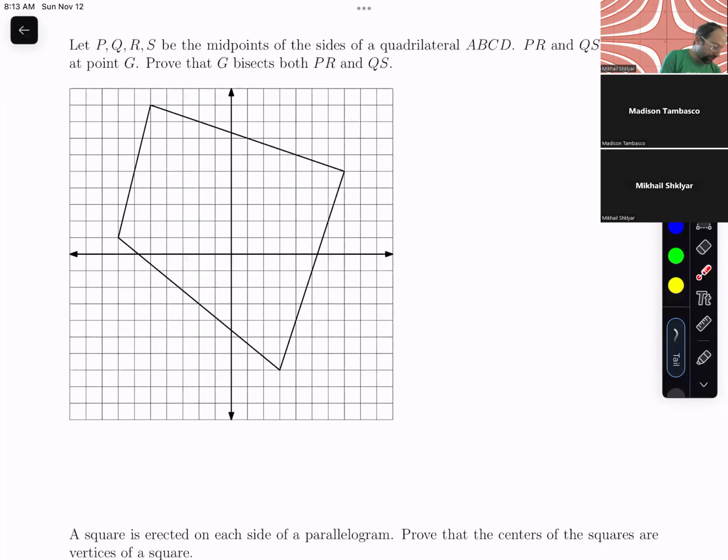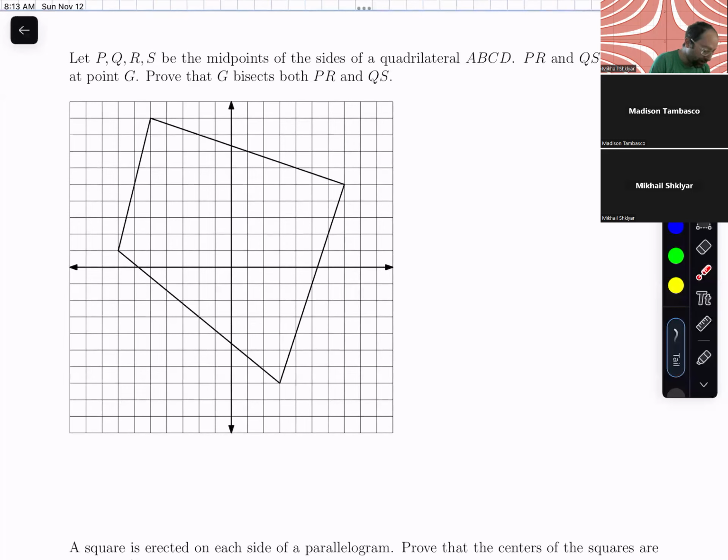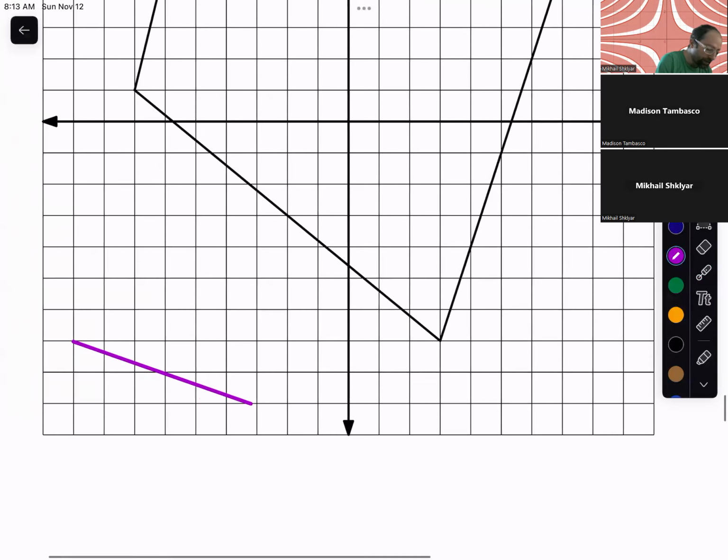All right, so we've done that proof. Now we're doing this one. So on a side, if you have two complex numbers, z and w, how do we find the midpoint?